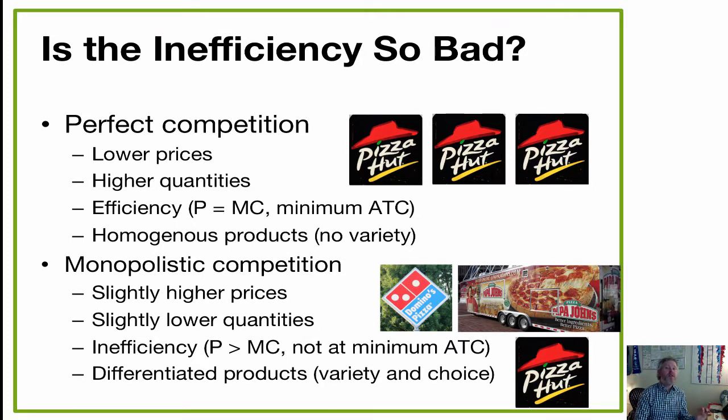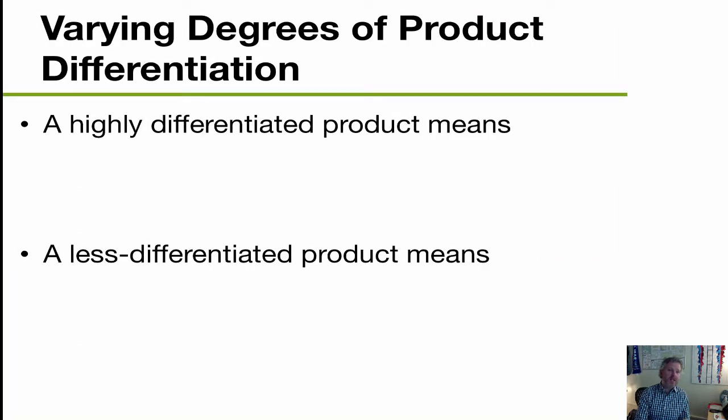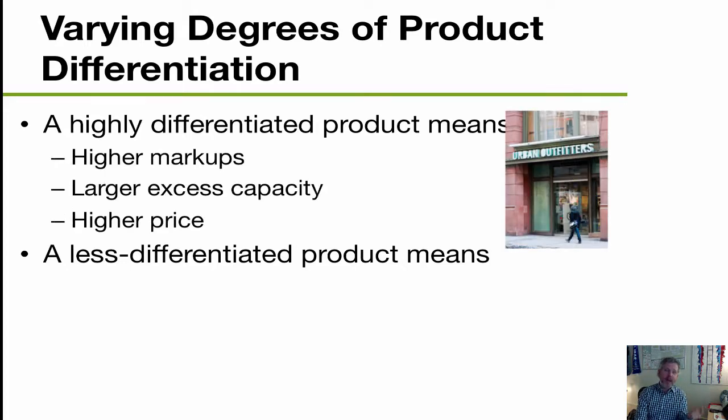So we do get varying degrees of product differentiation in different sorts of markets. Very highly differentiated product markets mean high markups, large excess capacity, and higher prices. So in clothing, you get a lot of differentiation between different clothing stores, especially those that cater to the higher end of the market.